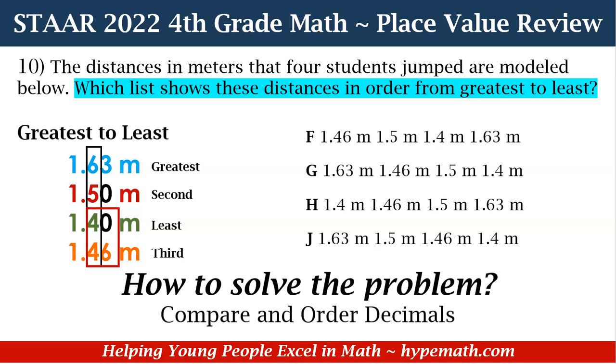Now, one thing that I want to point out is if you notice that I put zeros for 1.50 and 1.40. And you may be saying, Miss Jackson, well, why did you do that? In order for us to compare our numbers, we have a 1.4 and then we have a 1.46.